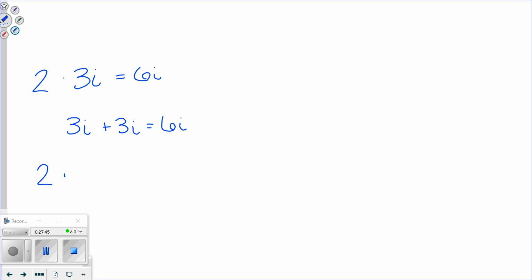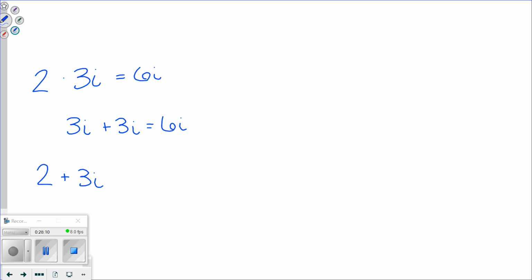Whereas if I had 2 plus 3i, that's like me saying, hey, look, I got 2 apples and 3 baseball bats. What do you got? You wouldn't say 5 apple baseball bats, right? Like that doesn't make any sense. You wouldn't actually put them together. So we can't, they're not alike. It's not like the same objects I can group together.